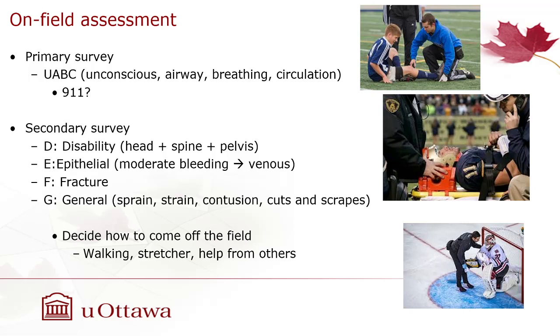And where we actually work the most is in the G. G is general, so sprain, strain, contusion, cuts, and scrapes. That would be 85 to 90% of our general practice. But that doesn't mean that you don't have to be ready and practice for any other scenario in the UABCDEFG.